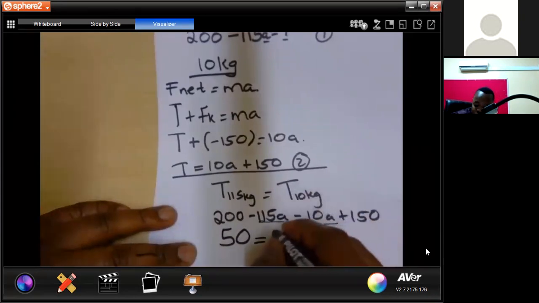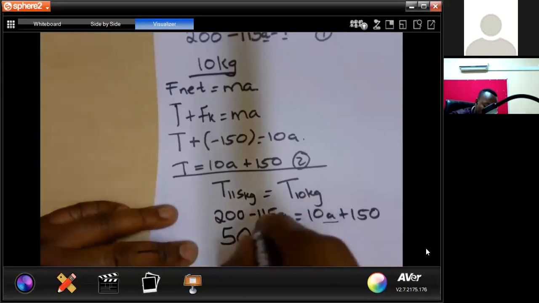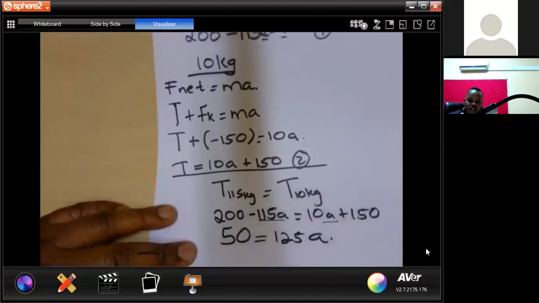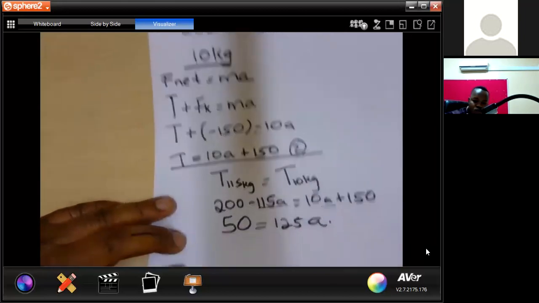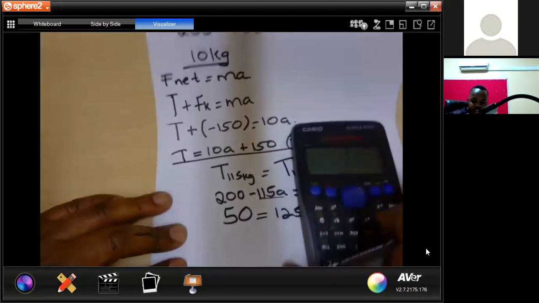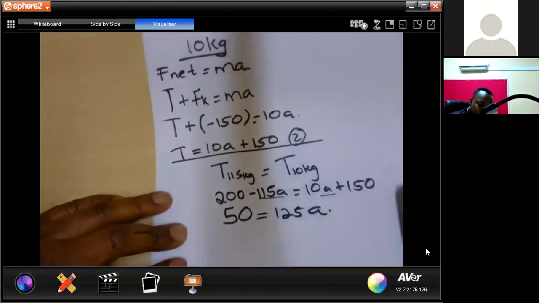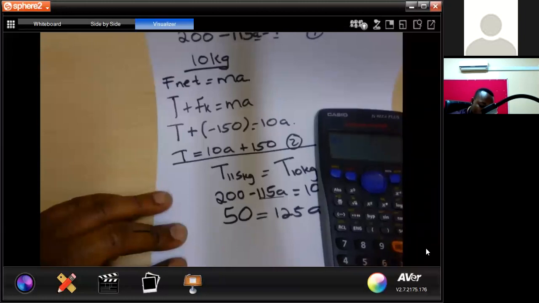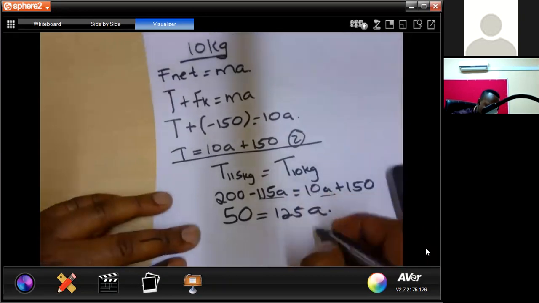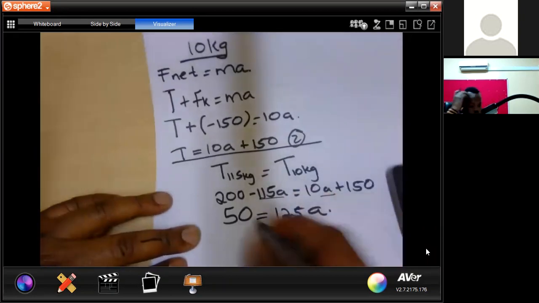So that will give you 125A. Then to calculate my acceleration, I need to divide both sides by 125. So 50 divided by 125 gives us 0.4 meters per second squared.